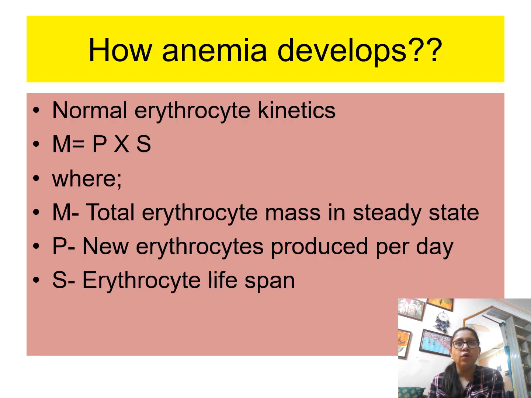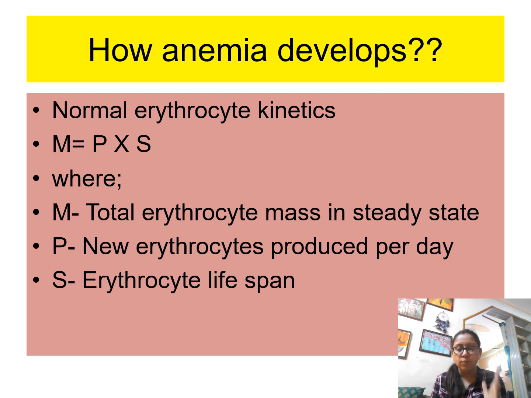So before we delve into different types of anemia, my lecture today is basically to give you an insight into what it is. To see how anemia develops, you have to know normal erythrocyte kinetics.